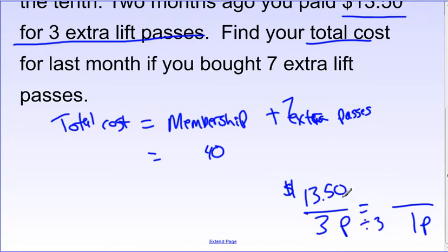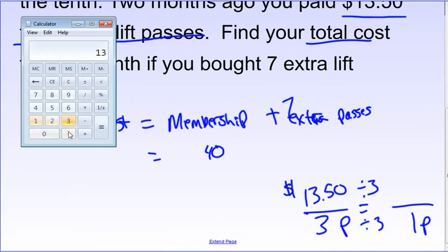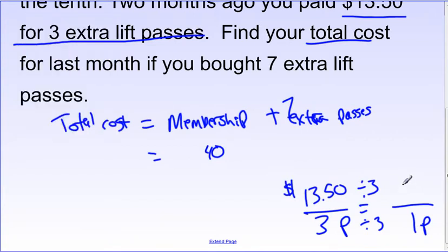Calculator says we're going to take $13.50, divide by 3, $4.50. So each extra lift pass costs me $4.50. That means if I get 7 extra, I have to pay that $4.50 7 times. And that would give me my total membership cost.